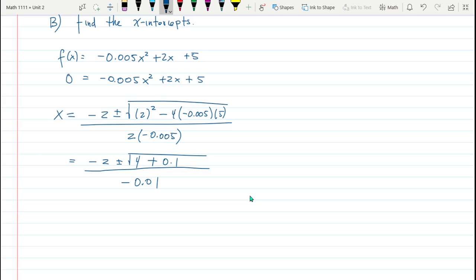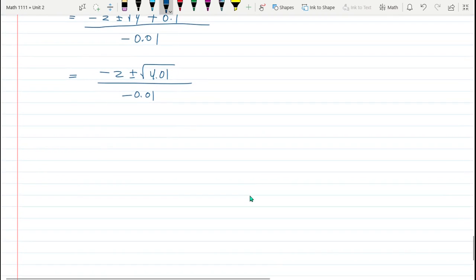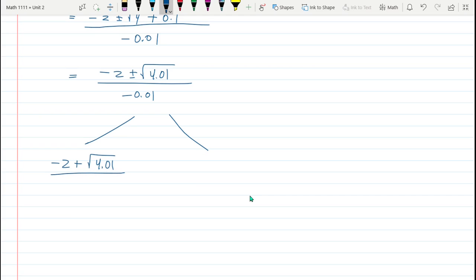Okay, next let's simplify even more. So we'll have 4.01 divided by negative 0.01, and at this point we're going to split it into two problems. We'll have negative 2 plus 4.01 over negative 0.01, and we'll have negative 2 minus 4.01 over negative 0.01.